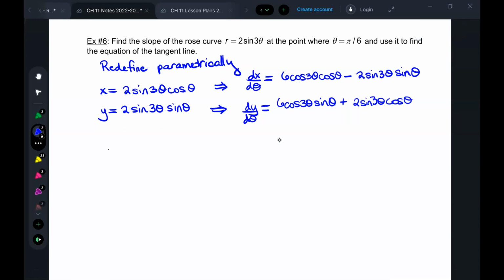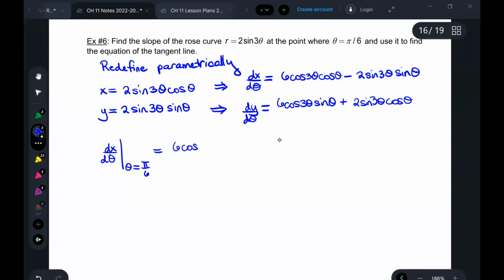Okay, so let's do dx/d theta, evaluated when theta equals pi over 6. So, well, that's easy because when I plug in, I'd have cosine of 3 times pi over 6, which would be pi over 2.